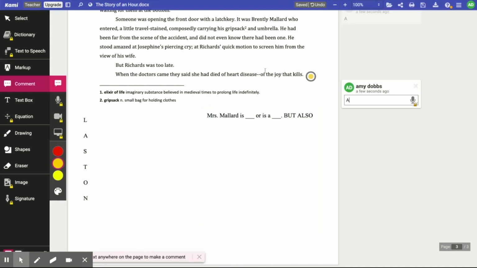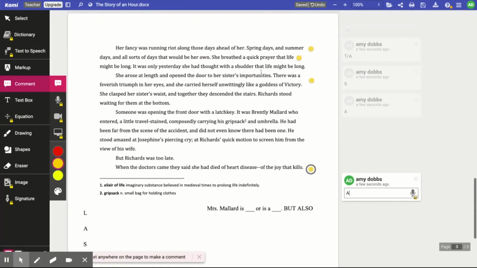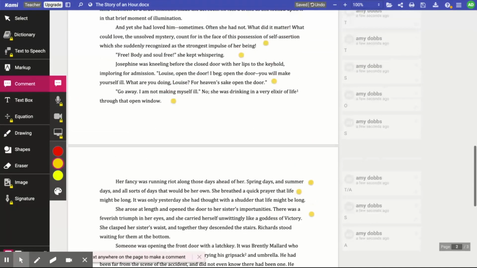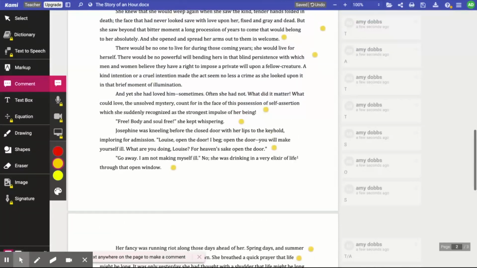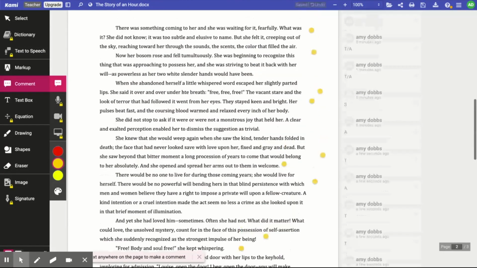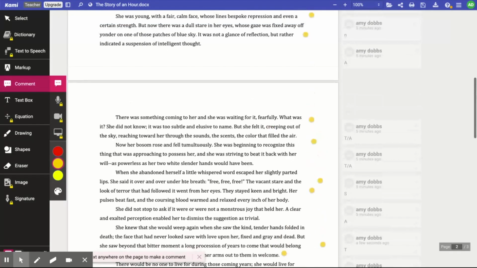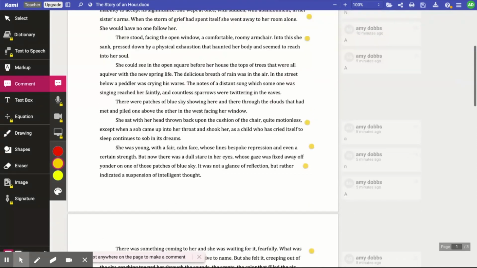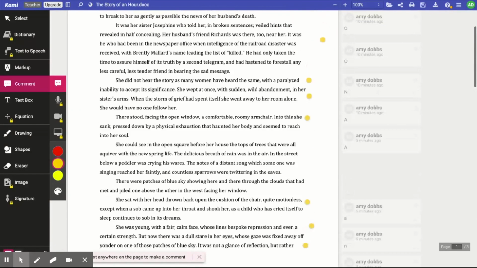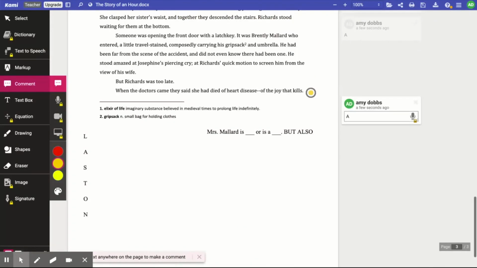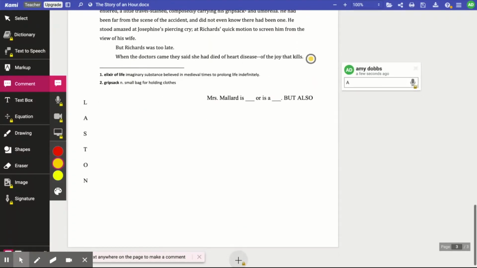All right, so let's just take a moment to look over our comments and see which ones we see more of. So I'm just going slow, looking at the right of your screen. I will say that with most passages on the AP exam, I've never seen one where you could write about all of LASTON: looks, action, speech, thoughts, others' thoughts, and narrator's thoughts.